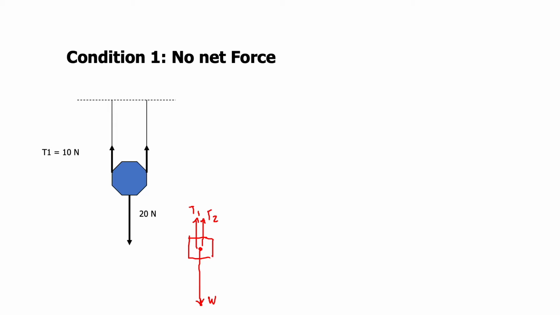Now again, we have to satisfy these conditions for us to say that it's in equilibrium. The summation of Fx is equal to 0 and the summation of Fy is equal to 0. Again, we cannot see any x component here, so we disregard this one. We will just deal with the summation of Fy, which should be equal to 0.